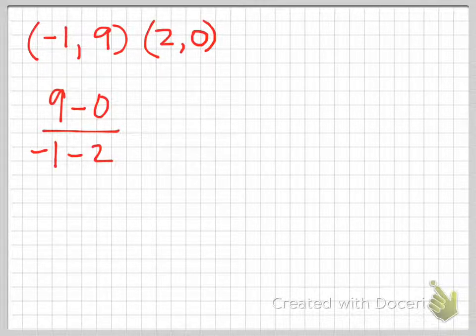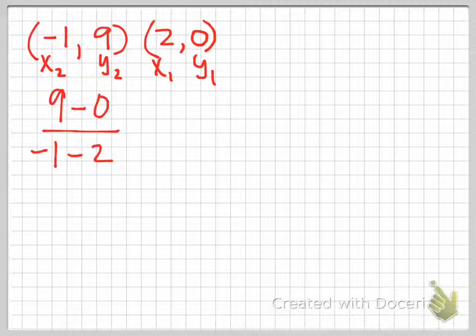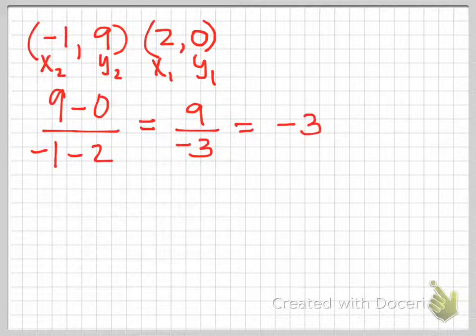So if I choose to make this be y2, then this must be x2. y2 minus y1 over x2 minus x1. You just have to keep it in order. And remember the formula is subtract. So 9 minus 0 is 9. And -1 subtract 2 is -3. So the slope of this line is -3.